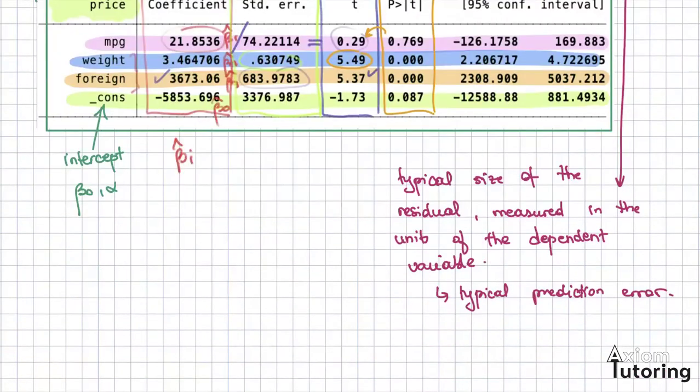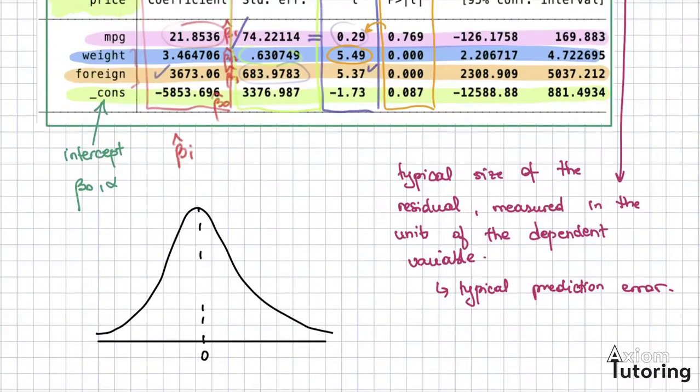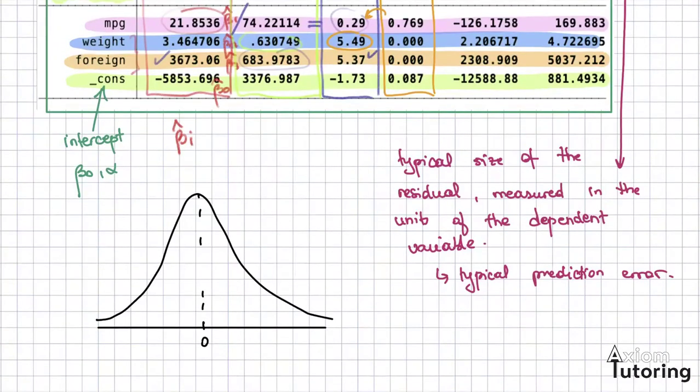So if I were to construct a graph, just like we've done in the previous videos, on that particular beta, if this was the 0, imagine, usually we end here with like 3 standard deviations. The 5.49 is actually going to be very far here in the tail.